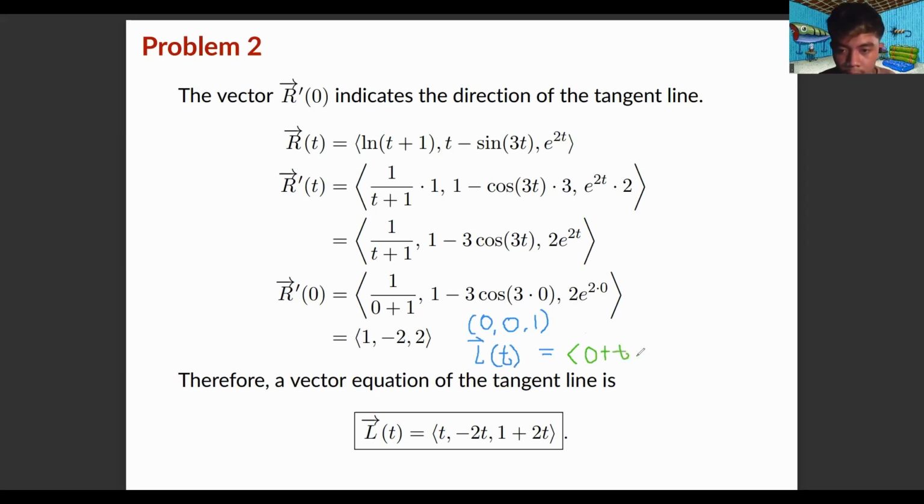So we have 0 plus t. For the second component, we have 0 again, plus the second component here, which is negative 2. We have negative 2 times t.